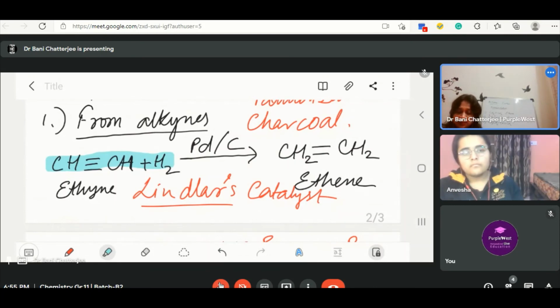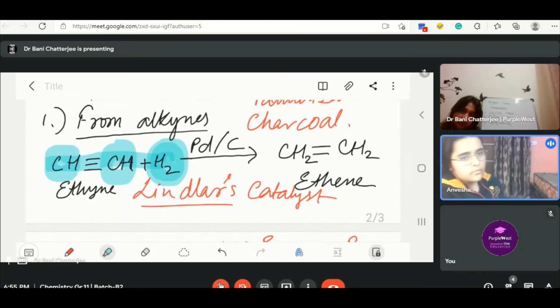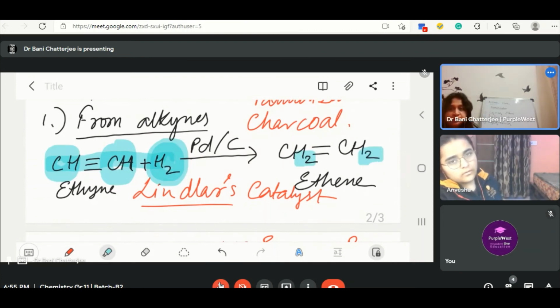How many hydrogens were there? 3. Here how many hydrogens are there? Here 2. And how many carbons are there? There are 2 carbons. So what happened here? Very carefully just see. How many hydrogens were there and how many have become? 2 were there, 4 have become. So you have attached them, one to each carbon, so that the triple bond got converted into a double bond. Yes or no?